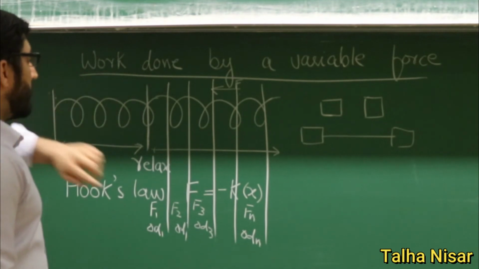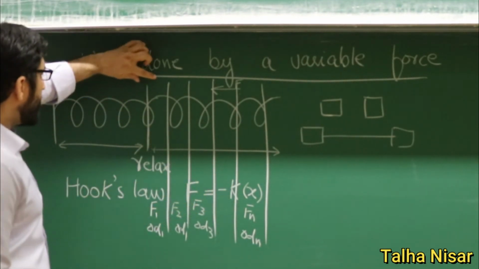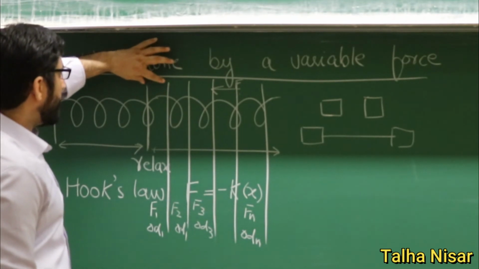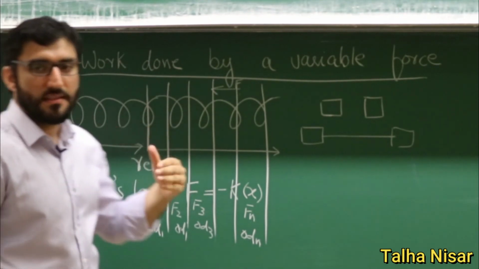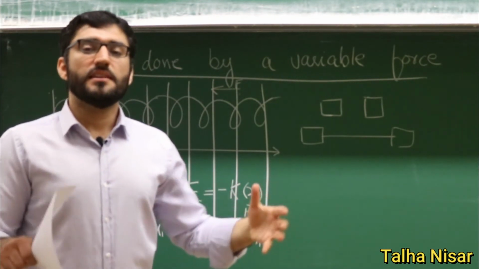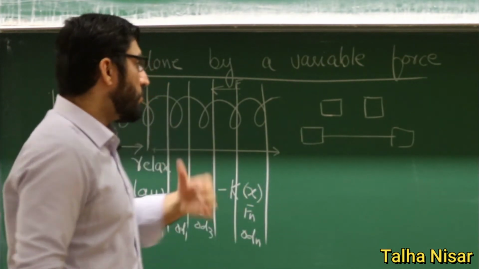So for the variable force, what we need to do is first calculate the work done by these individual parts. We calculate it individually, and then we sum all of them. We add all these individual work done.